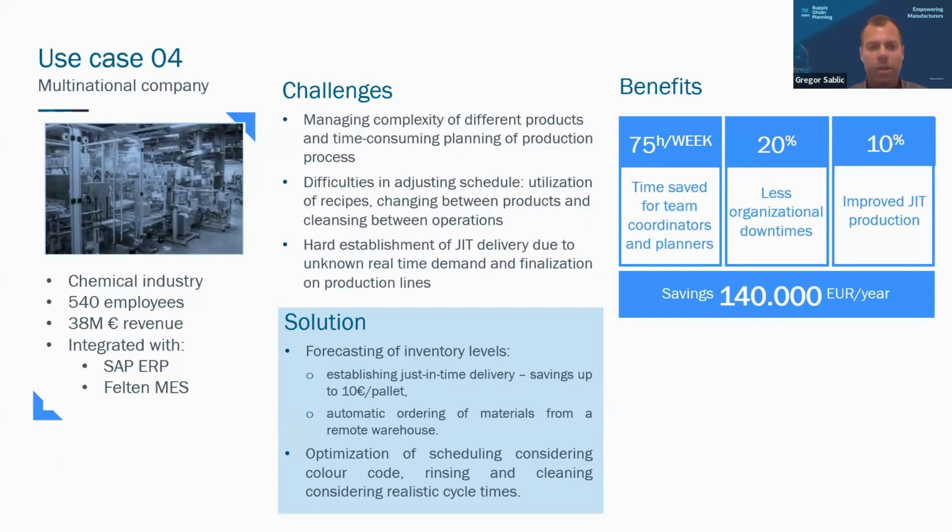And the last one is more related to the process industry. Also to have one from the process industry, just to pinpoint what is usually the case in these types of industry: usually they have lots of rules, whether related to coding, or to rinsing and cleaning operations.